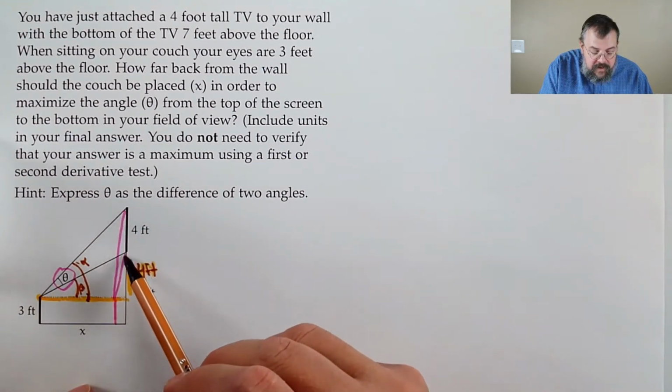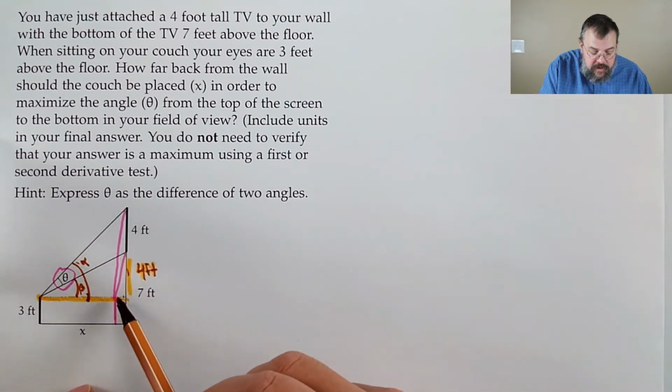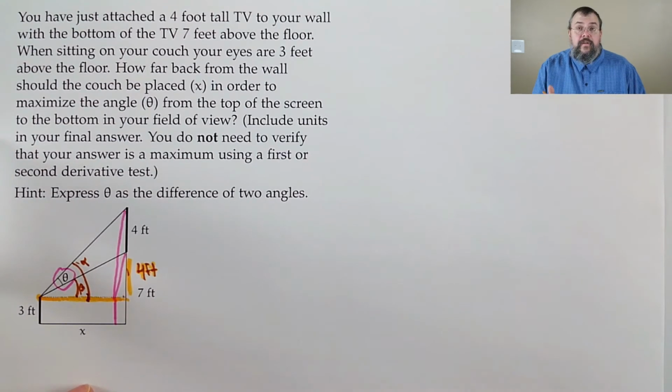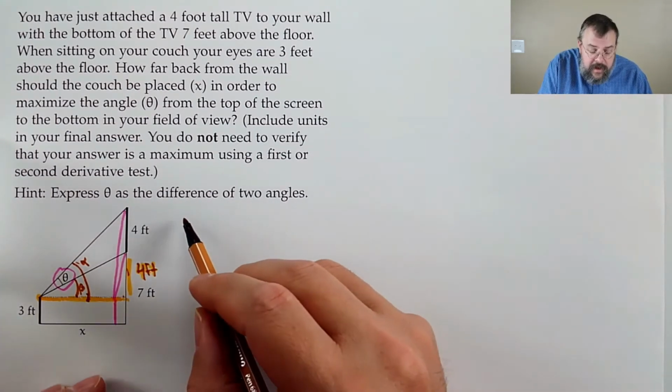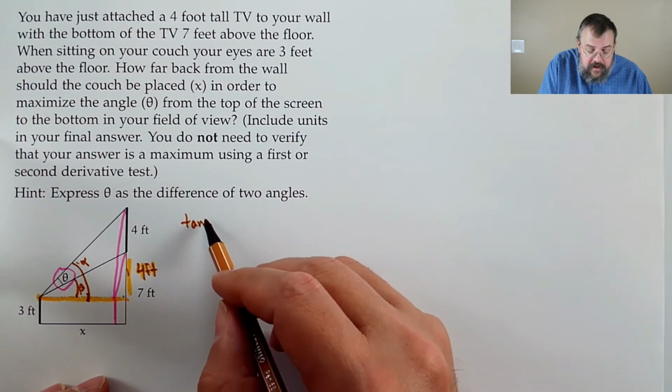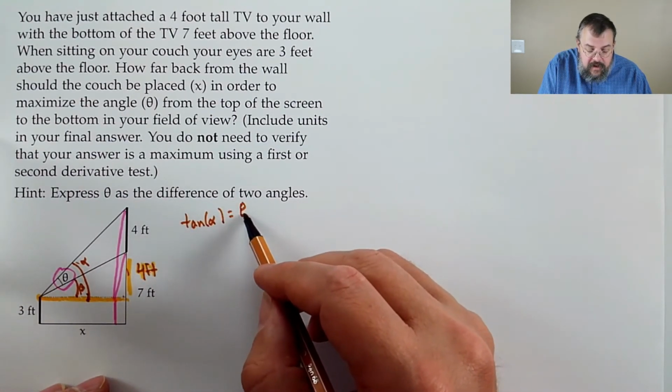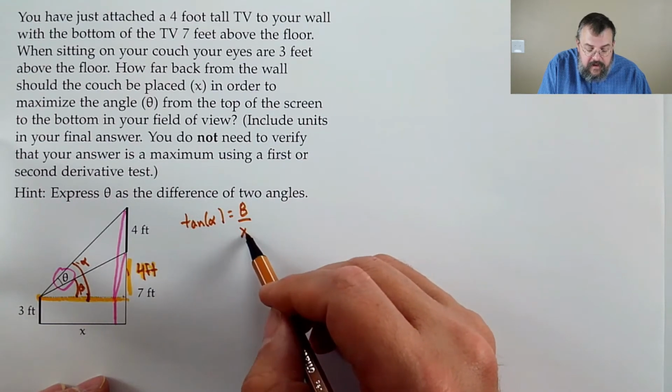I know the opposite side from that angle is 8 feet. The adjacent side is x. So I have an angle, an opposite, and an adjacent. The thing that connects all those together is tangent. So tangent of alpha would equal the opposite, 8, over the adjacent, x.